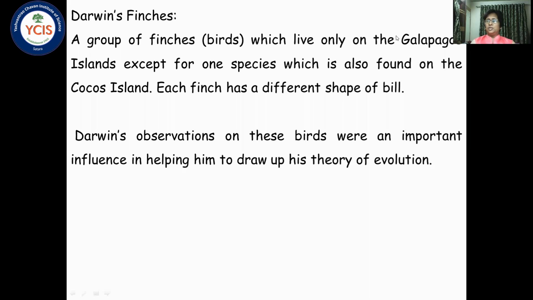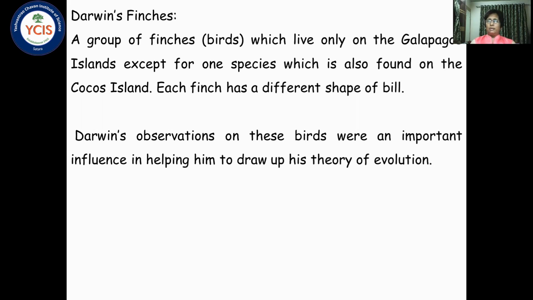So Darwin finches were a group of birds which live only on the Galapagos islands, except one species which is found only on Cocos Island. All these Darwin finches were named after the naturalist Charles Darwin, who visited those islands during 1835.